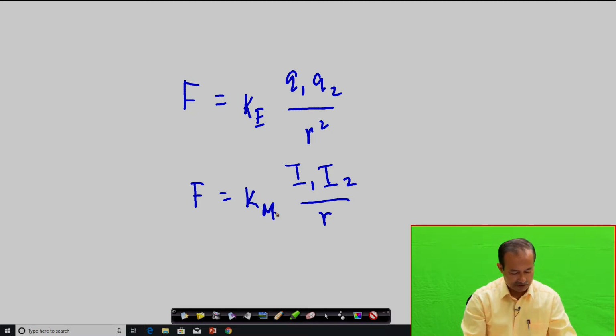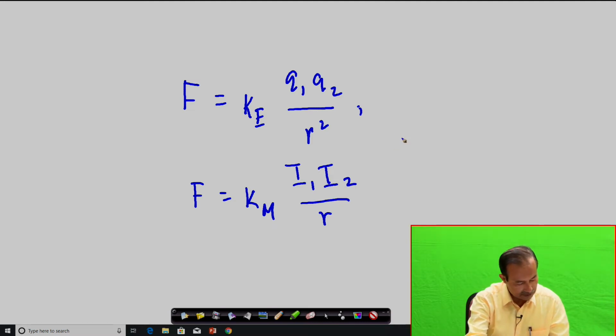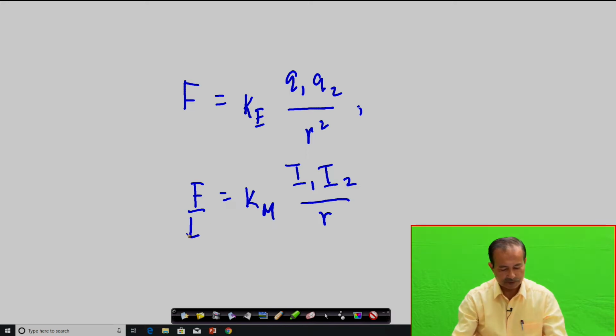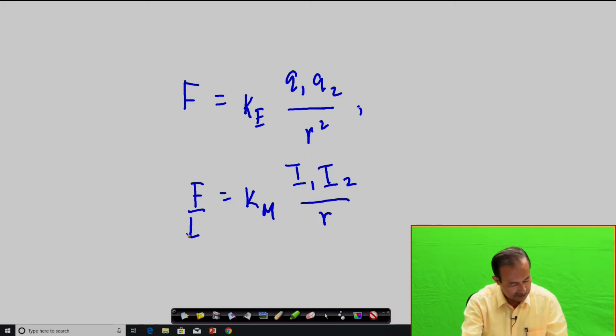So, this is how the two constants are used, and what you write for these constants decides which unit you are using. Of course, these two constants are related, and so this is F by L, force per unit length. So, these two constants are related by 2 K E equal to C square K M.